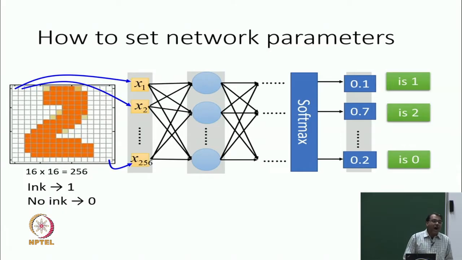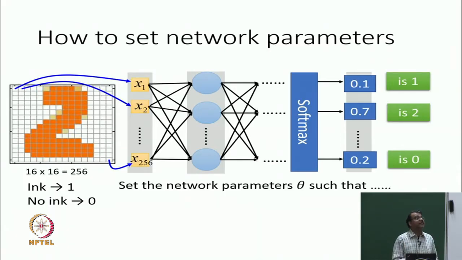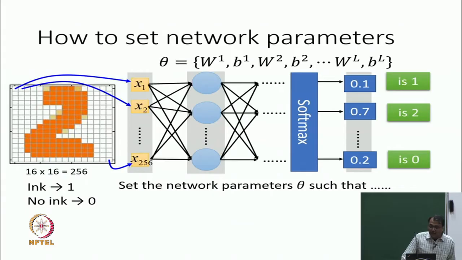Now, how do I want to set these parameters? Let me use the term theta for all the parameters cumulatively. Theta is the set of all parameters. How do I want to set this parameter theta? I want to set it such that it makes correct predictions, as simple as that. And what is this notion of correct predictions? Well, I am given some training data.